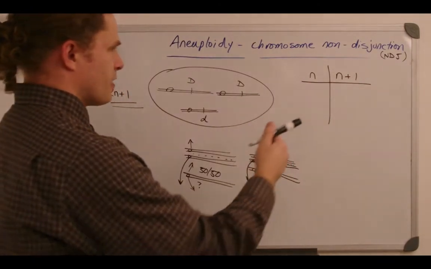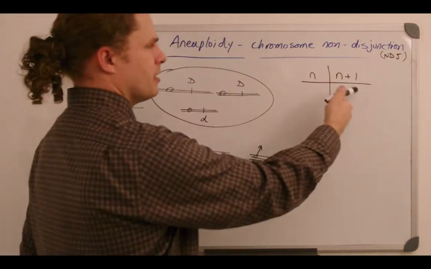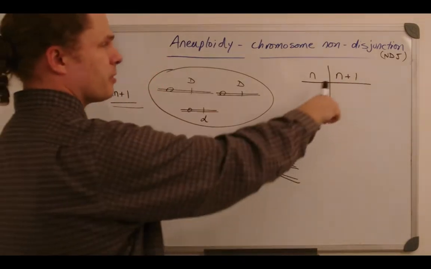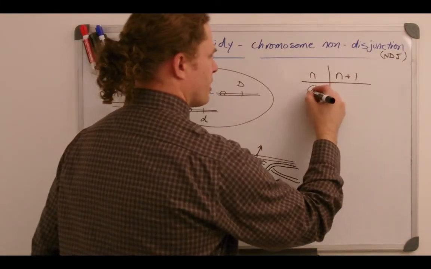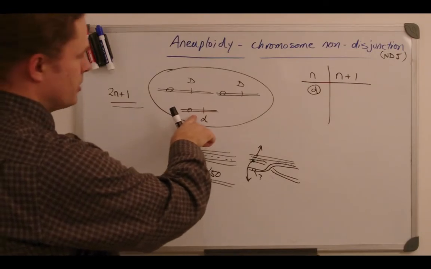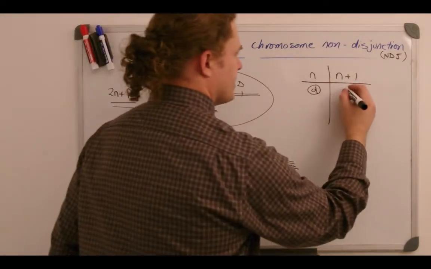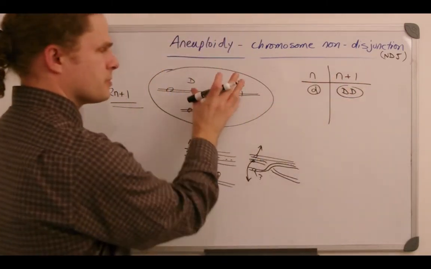The thing to realize is that for every n gamete that's formed out of this, there will be an n plus 1 gamete that is also formed at the same time. So for example, if I have a gamete that is formed that just has this chromosome with a little d on it, the n plus 1 gamete will have these two chromosomes.